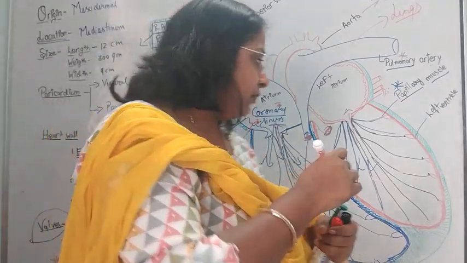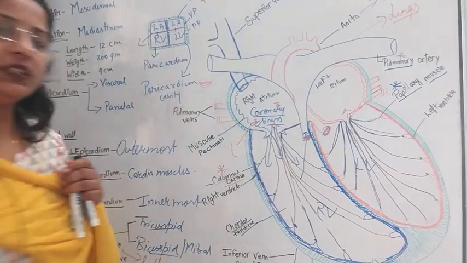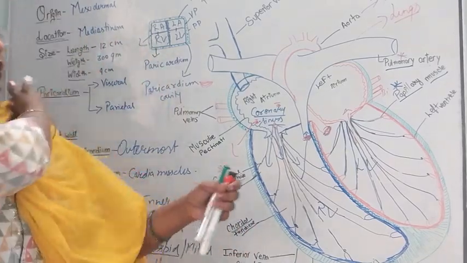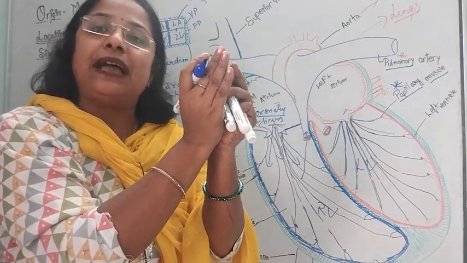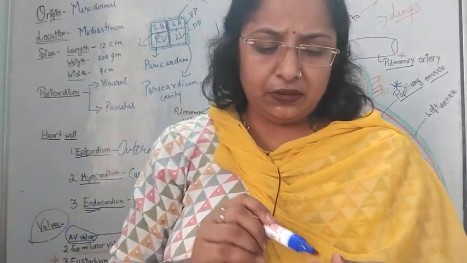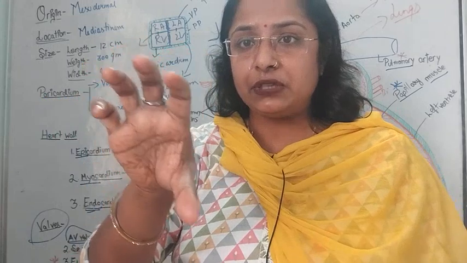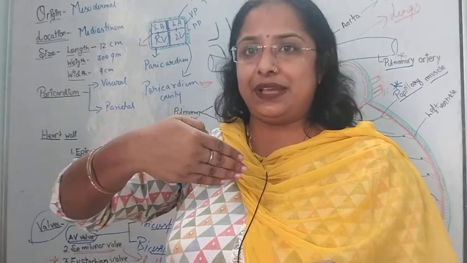What is the function of this? The function is to prevent the opening of the valve in the backward direction. Have you ever seen a gate which opens in one direction, not in both directions?